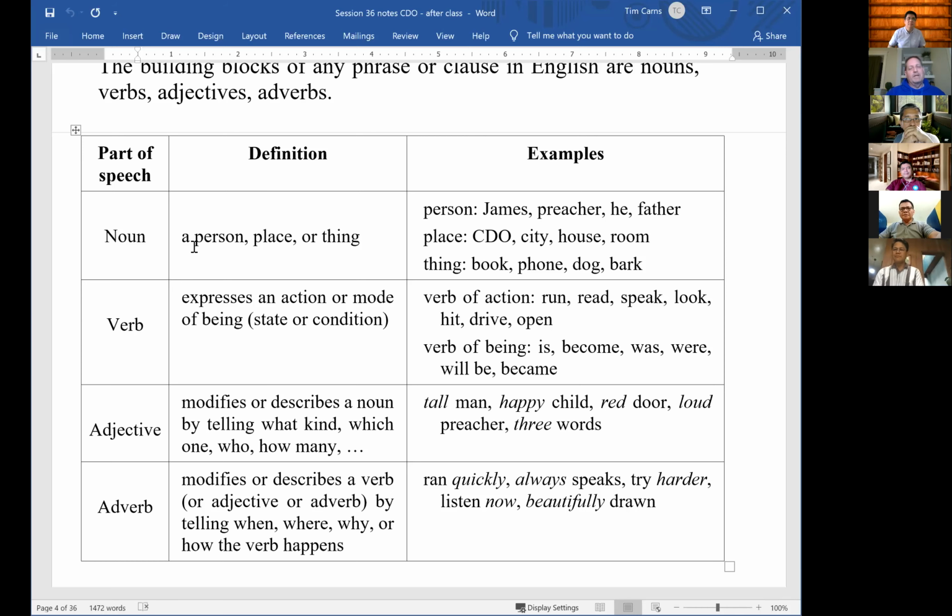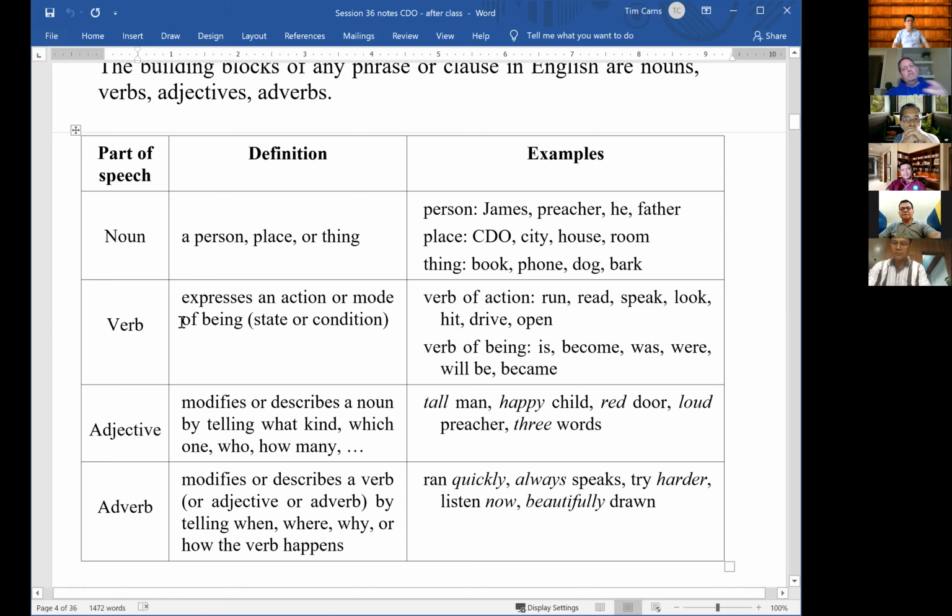Bottom line is we've got two kinds of verbs: verbs that describe an action taking place, or verbs that describe a condition or the state of the subject. Those are the two basic kinds that I want us to be considering.